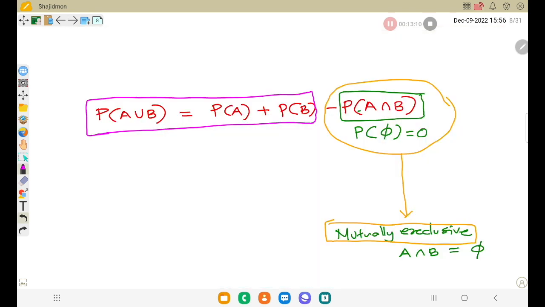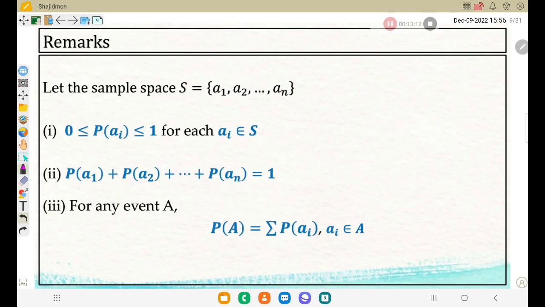Now, based on these axioms, we can write some remarks or rules like this. For example, we have a sample space S equal to A1, A2, A3 up to AN; these are its members. If you take any outcome, A1 is one outcome, A2 is one outcome, A3, A4, up to AN is the last outcome.